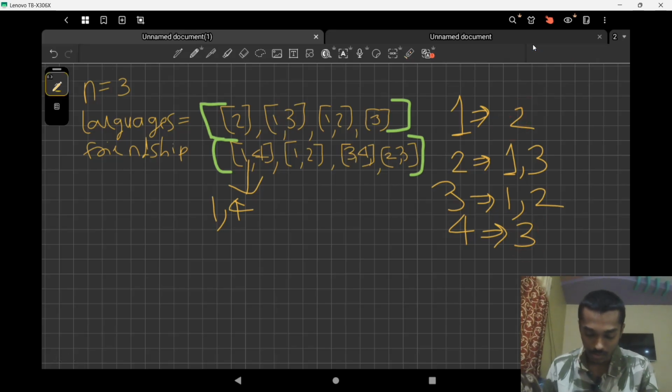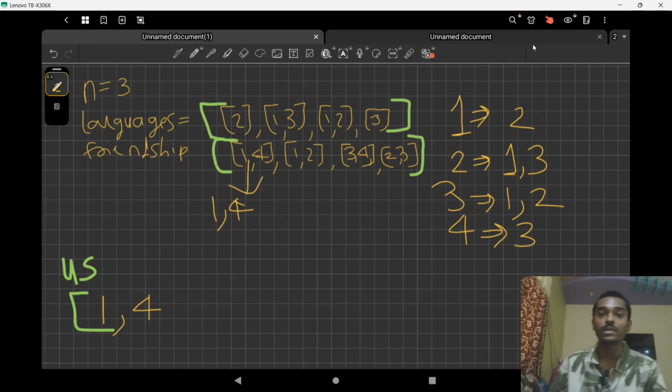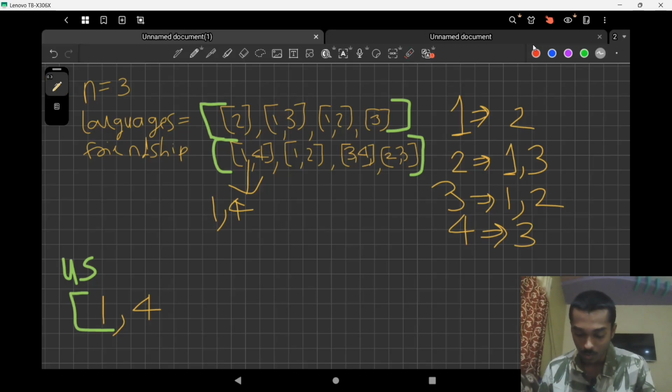So we can create a set of unsatisfied users. Unsatisfied users are 1 and 4. We need to teach them a common language so they can communicate. Now let's move on to the next friendship, 1 and 2. Can 1 and 2 communicate?